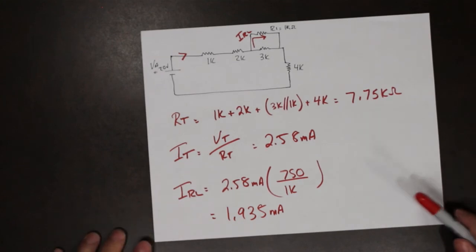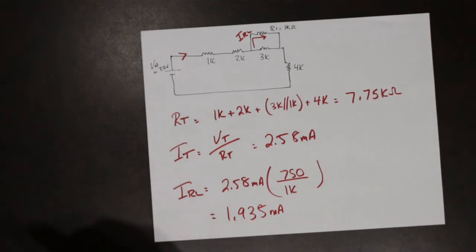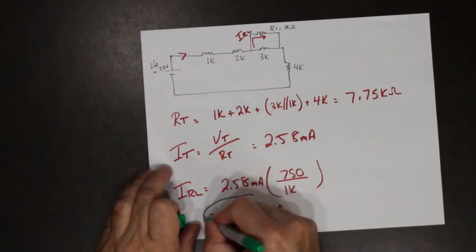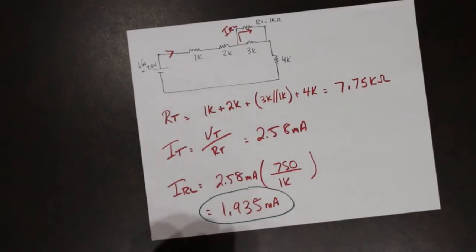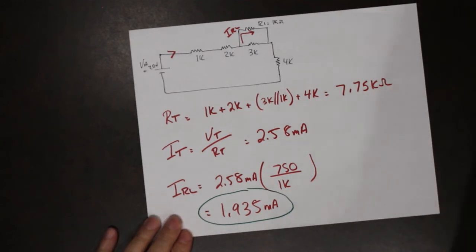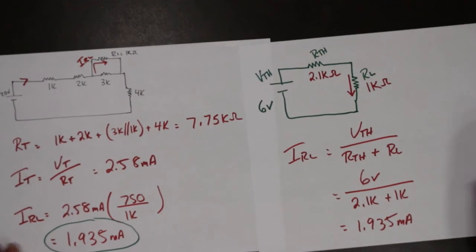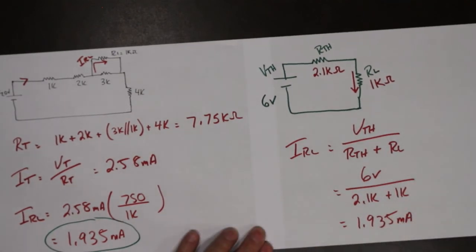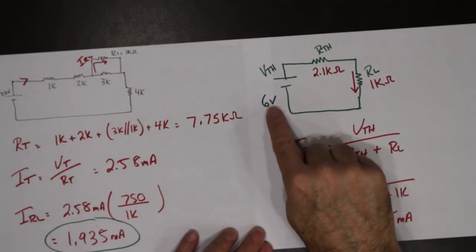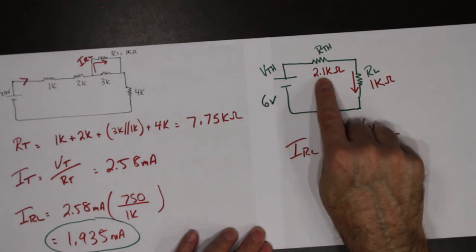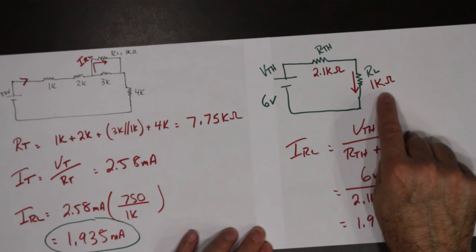So, if this was equivalent to the Thevenin circuit, the current through the load in both circuits would be the same. Here is that calculation. So, V Thevenin we calculated to 6 volts, R Thevenin 2.1K, there's the 1K resistor load.